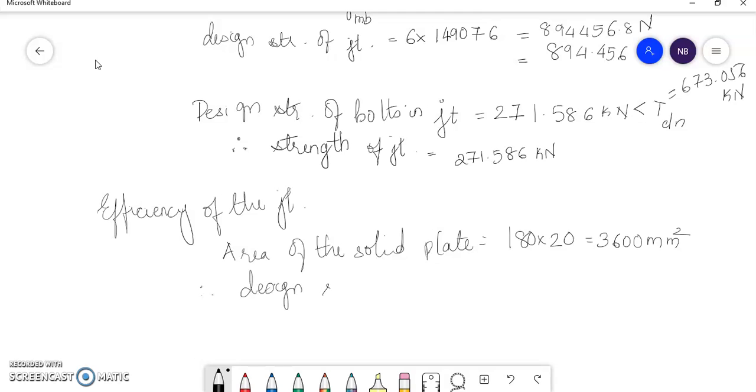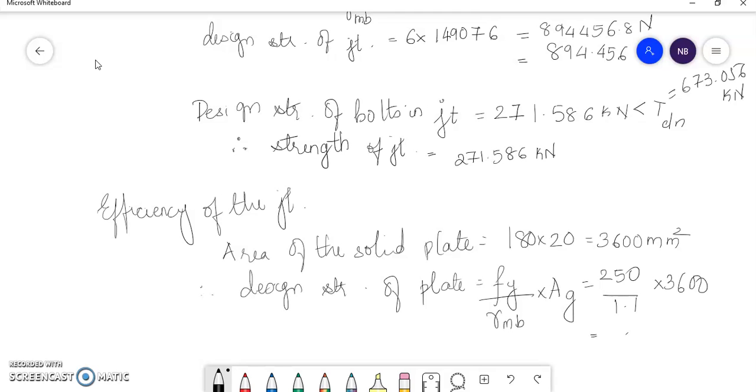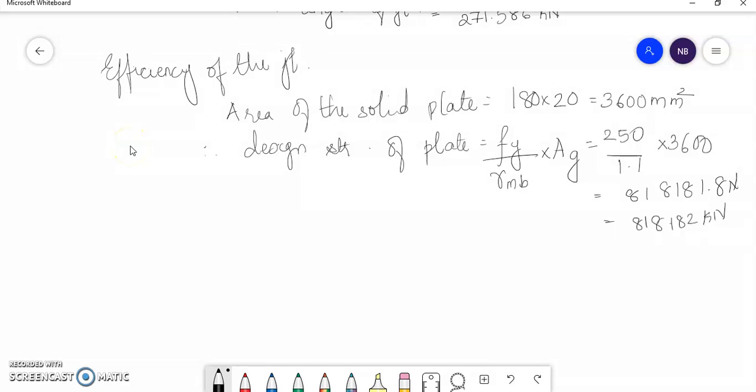Design strength of the plate is given by 250 upon 1.1 into 3600, which is 818181.8 newtons, which is equal to 818.182 kilonewton. This is the design strength of the plate.